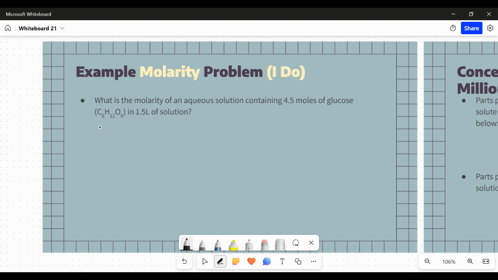So our molarity equation is moles of solute divided by liters of solution. Now, in this problem right here, I am given the moles of my solute, in this case glucose, and I have my volume of my solution. So I'm just going to plug these in.